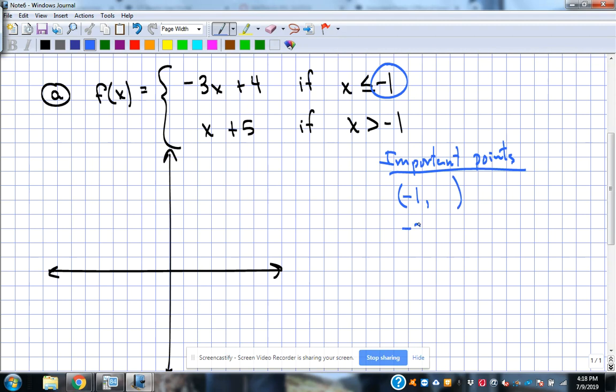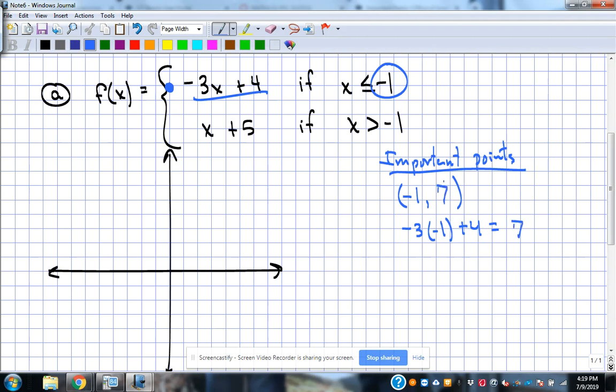So we're going to plug in negative 1 into this first piece, and I'm going to put a blue dot beside that. So everything I do in blue is related to that first piece. Okay, so negative 3 times negative 1, and then add 4. That would be positive 3 plus 4 is 7, right?